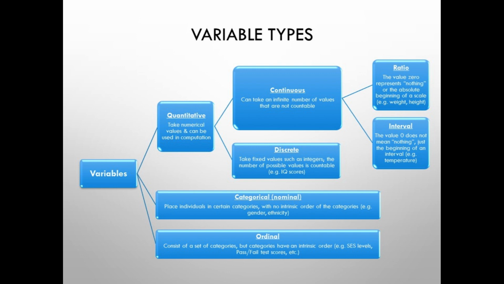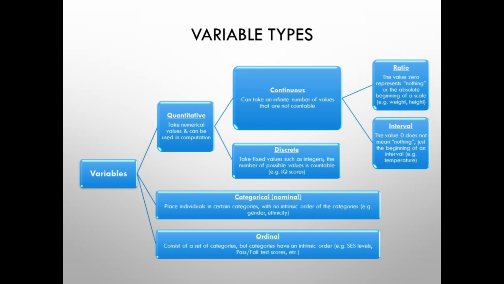A discrete variable is a quantitative variable that has a finite number of possible values or a countable number of values. An example of a discrete quantitative variable is IQ scores. They range from 0 to say 150 and can only be integers.